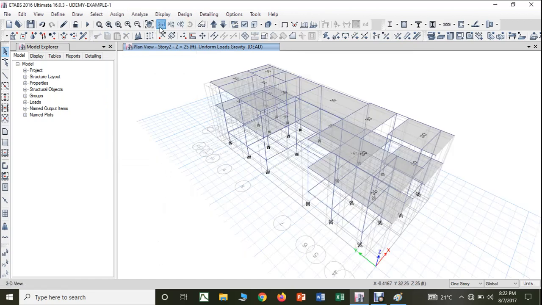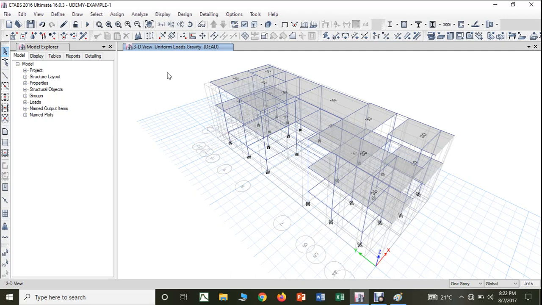So if you see it in 3D, on this floor as well as on this floor I applied the dead load on the slab of 30 pounds per square feet or 1.5 kilonewton per meter square.